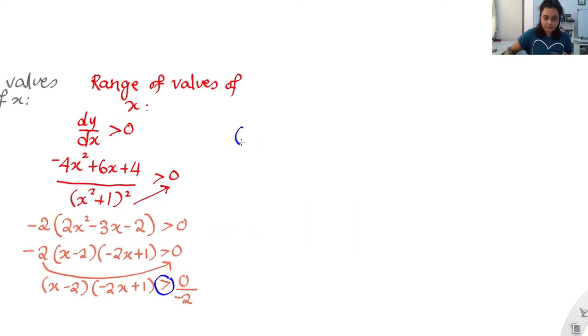So now you have to write (x minus 2)(negative 2x plus 1) less than 0. The sign changes. Why does the sign change? Let me repeat: because anything you divide by a negative or times by a negative, the sign will change. This is the logic behind the changing of the sign, so make sure you remember this.